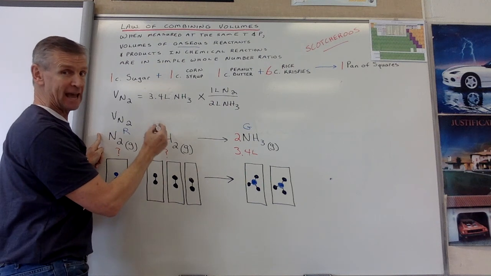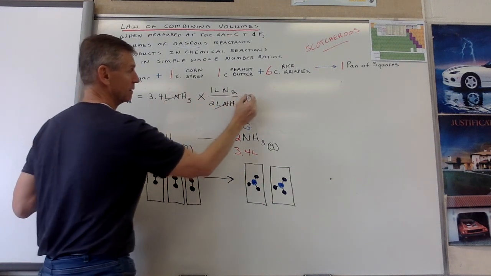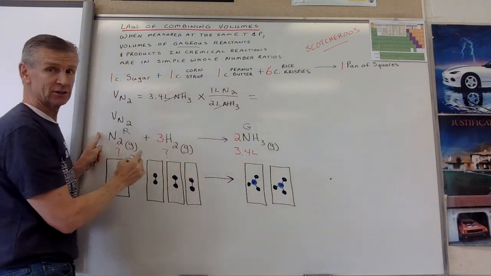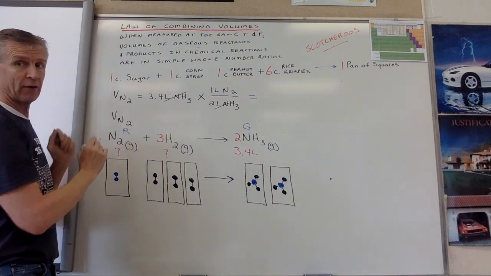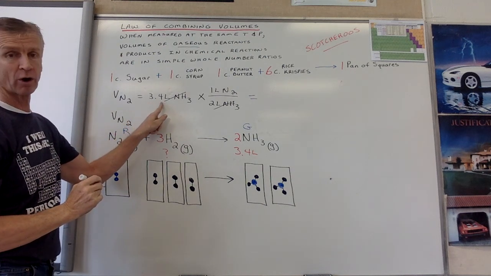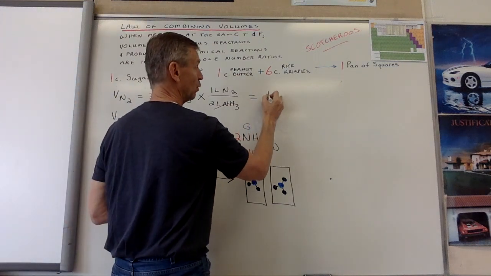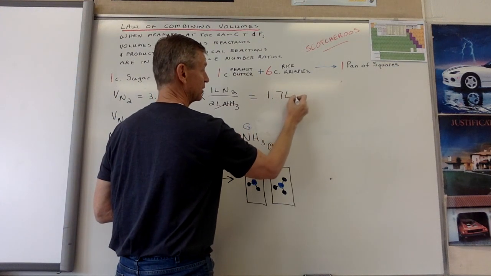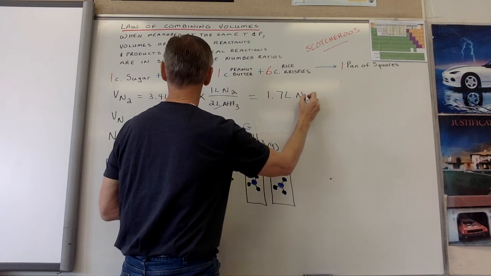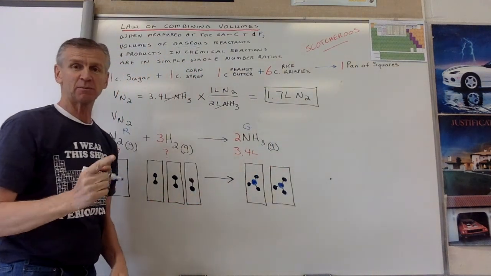This allows me to cancel my liters of ammonia and be left with liters of nitrogen, which is what I'm trying to figure out right now. So I simply go 3.4 times 1 divided by 2, which gives me 1.7 liters of nitrogen. So that's my first question.